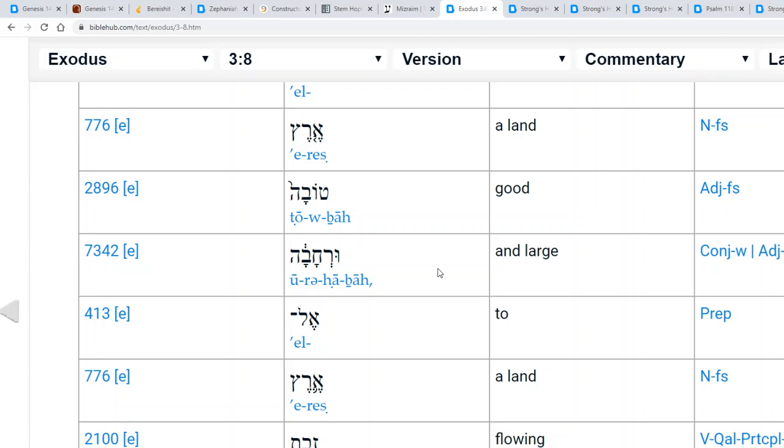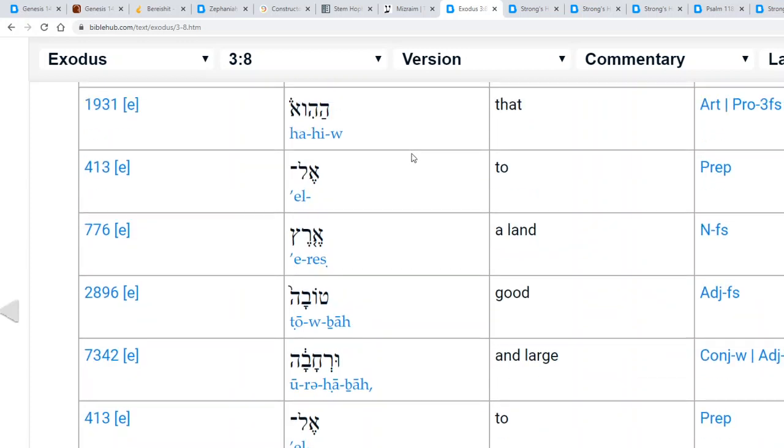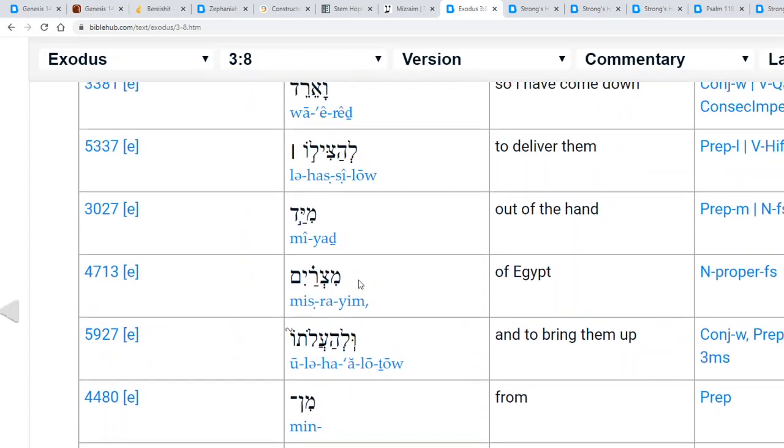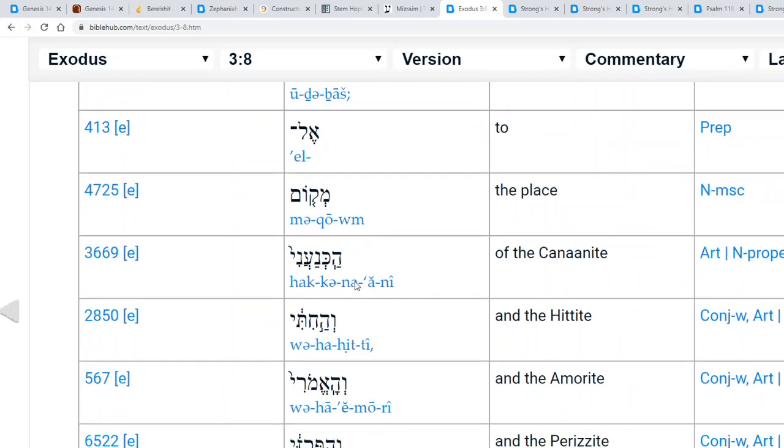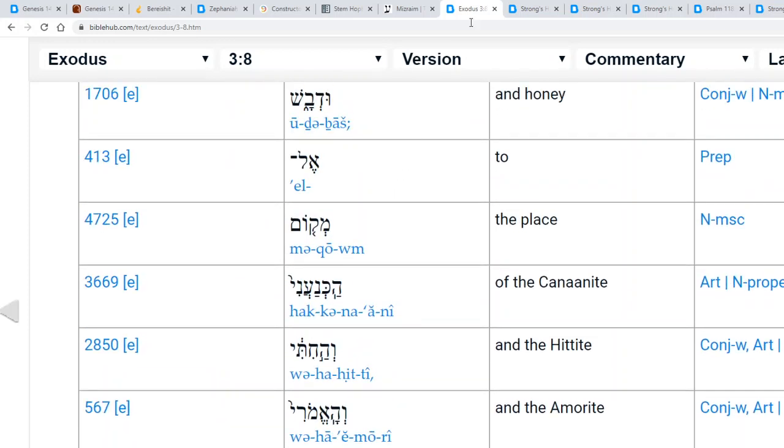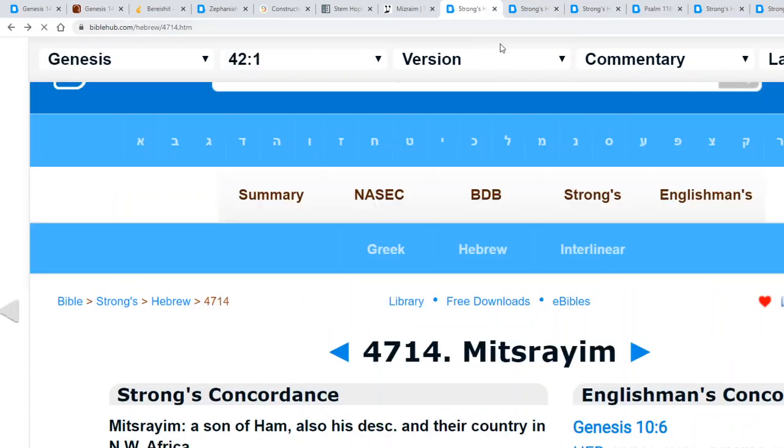So when we talk about the land of Israel, Eretz Israel, we are always going up, and it is rechava. It is a wide land, as opposed to Mitzrayim, which is a narrow land. Okay?